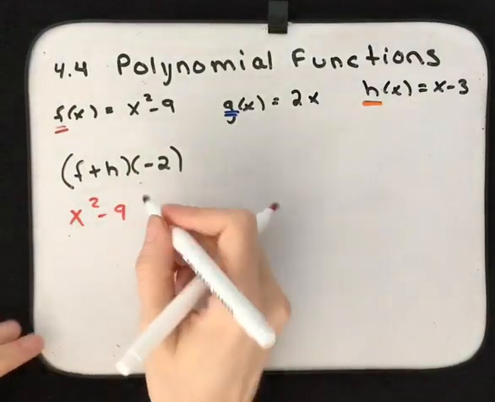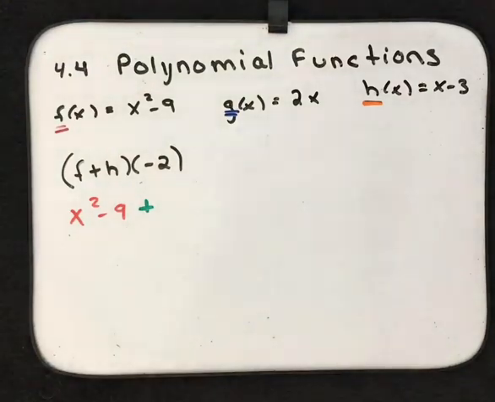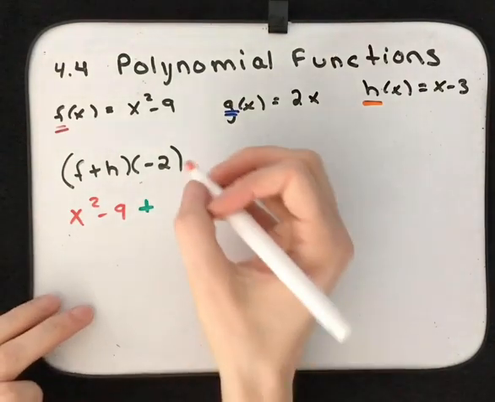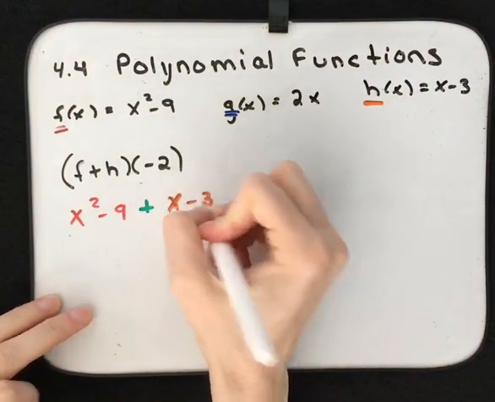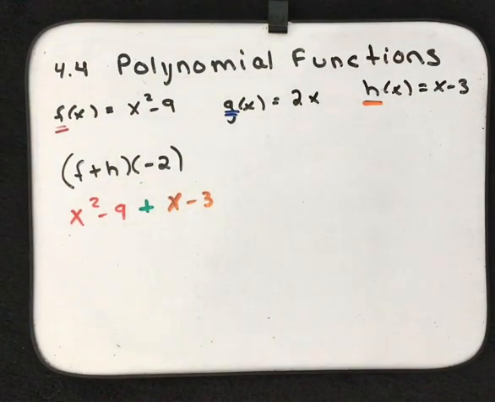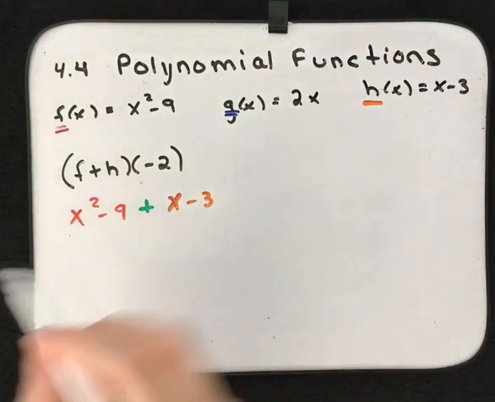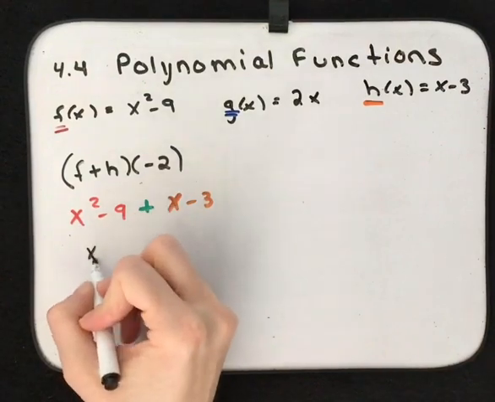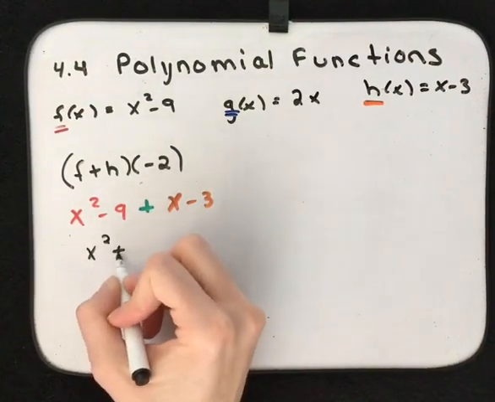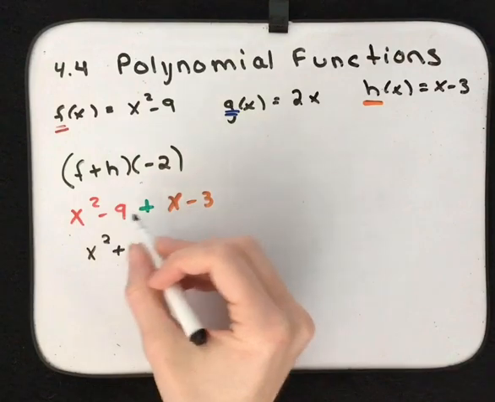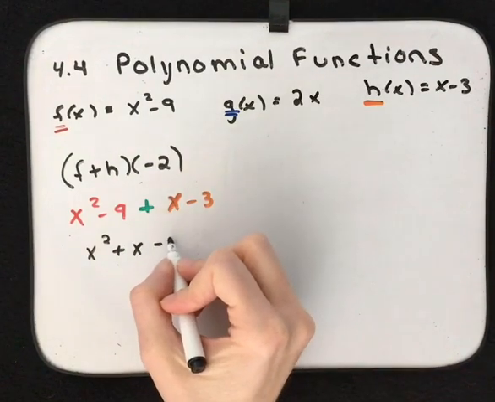And then we have plus, and then we need h. H is x minus 3. So let's simplify this down, and then we will figure out our negative 2. So if we simplify this down, we get x squared plus x. Negative 9 plus negative 3 is negative 12.